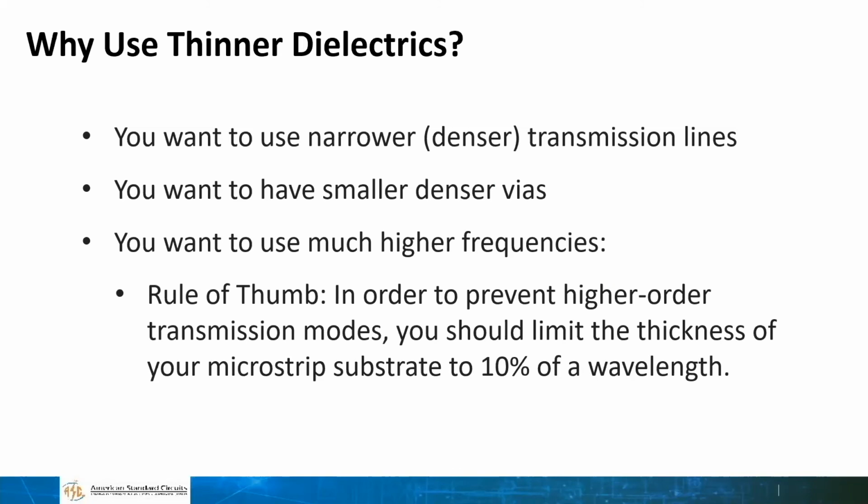You might want to increase the density of your vias, use smaller vias, and that also benefits a lot from having thinner dielectrics. And you might want to use much higher frequencies, and at some point this applies to fairly high frequencies, but you want to make sure that your dielectric is thinner than, say, 10% of a wavelength in order to avoid some of the higher order modes that you might get otherwise in the transmission line.